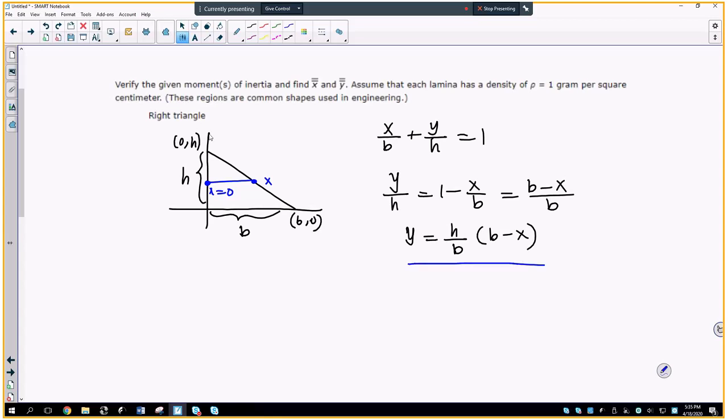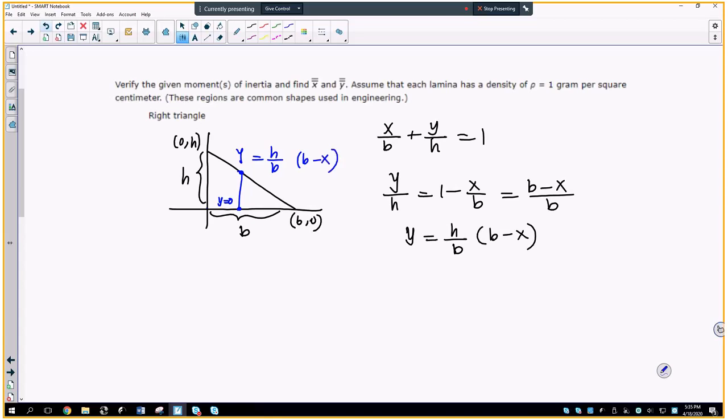But because I have solved it for y, let's go ahead and start doing integration with respect to y first, and it will be a pretty similar approach. So we will start our antiderivative with respect to y first, and we start at y equal to 0 and go all the way to the hypotenuse. And remember that y value here is h over b times b minus x. So that is going to give you the limits for y.